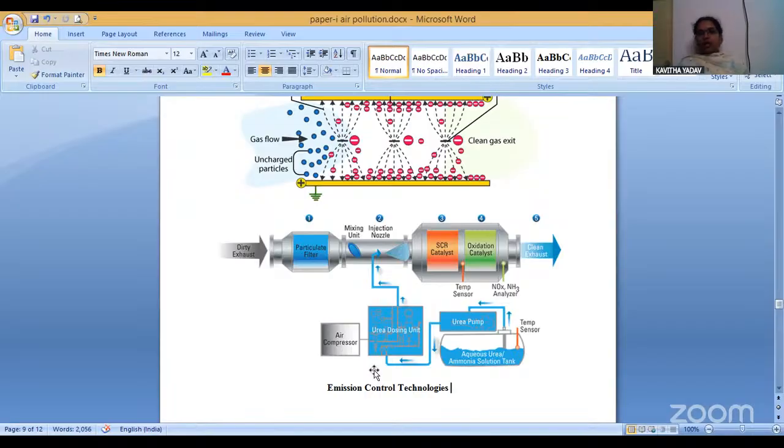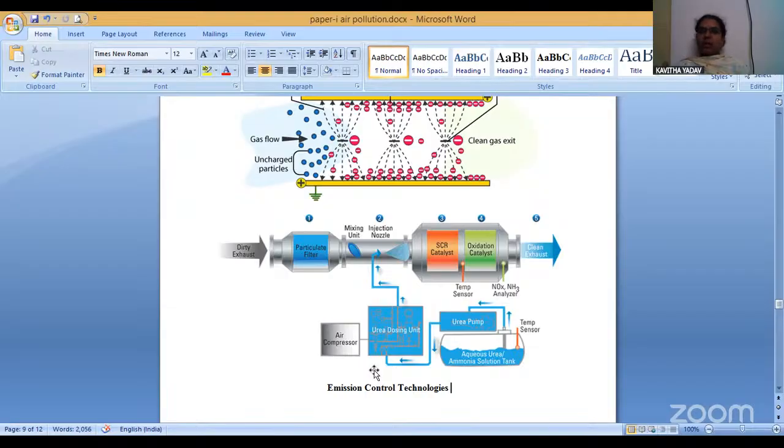Okay. Then coming to the explanation of this picture clearly. First, we are going to enter the dirty gas into the particulate filter. What will happen in this particulate filter? All the equipment is made of metal, which is nothing but cast iron.